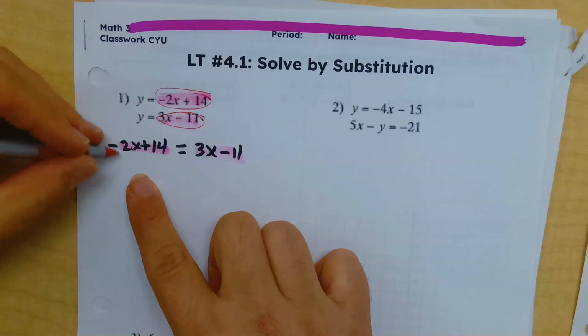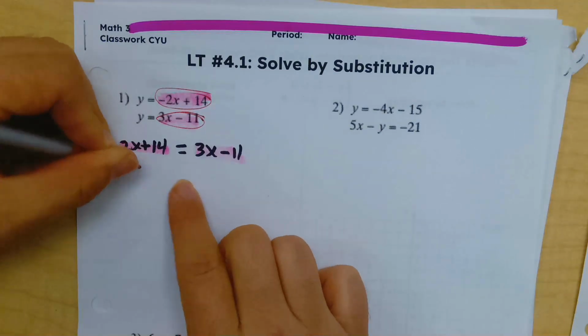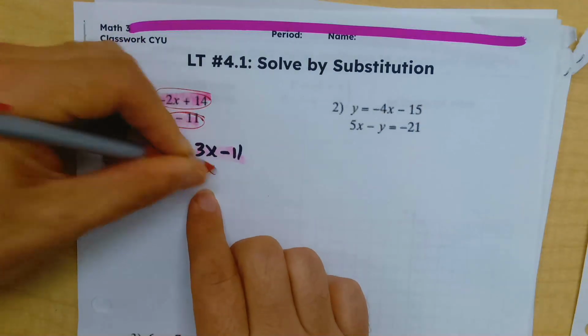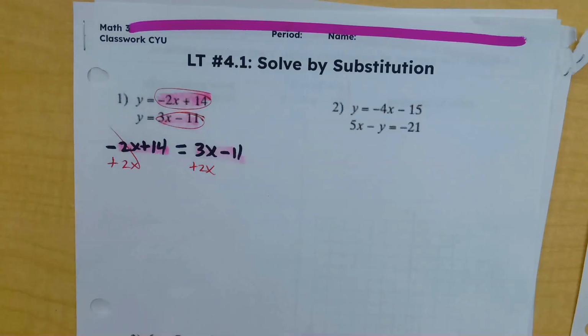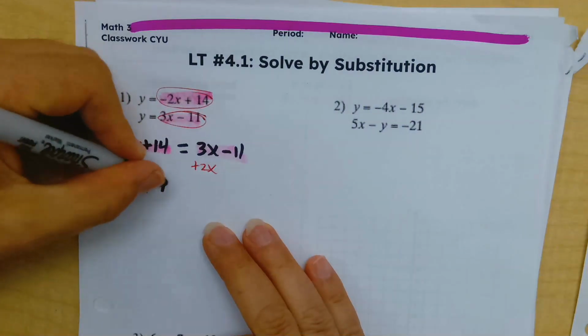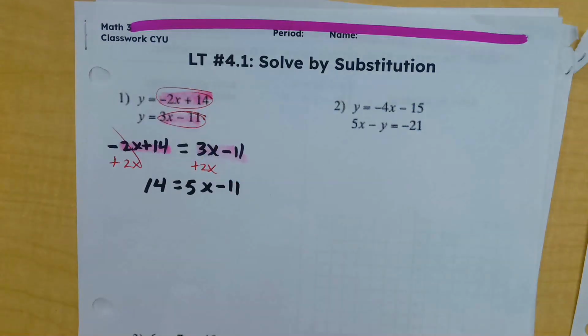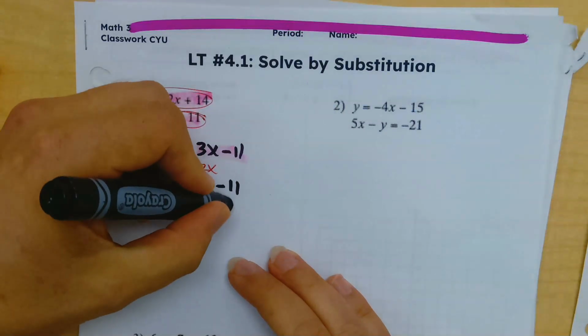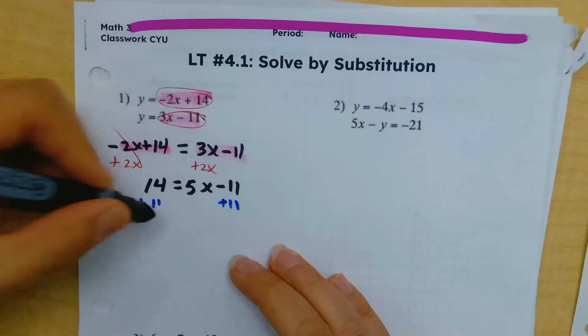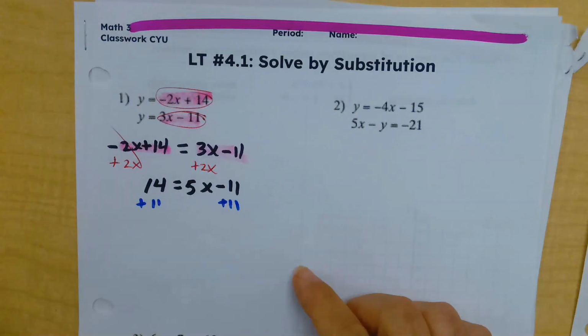And let's see, so I could add 2x on both sides. Then that goes away. And then I'm left with 14 equals 5x minus 11. And now let's add 11 on both sides, plus 11. And that's going to make this go away.